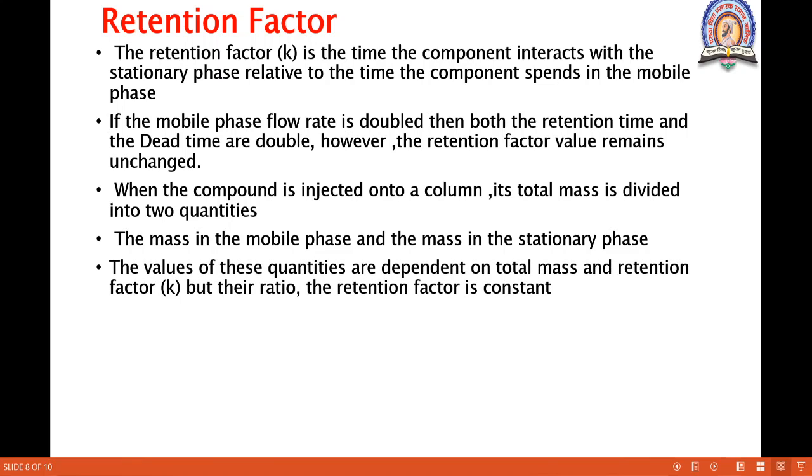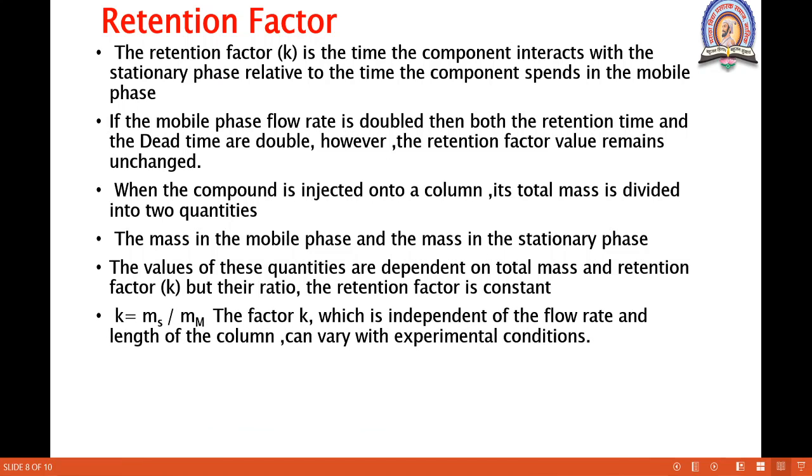The values of these quantities depend on the total mass and the retention factor, but in their ratio the retention factor is a constant. k = ms/mm. The factor k is independent of the flow rate and the length of the column, as well as the flow rate of the mobile phase.